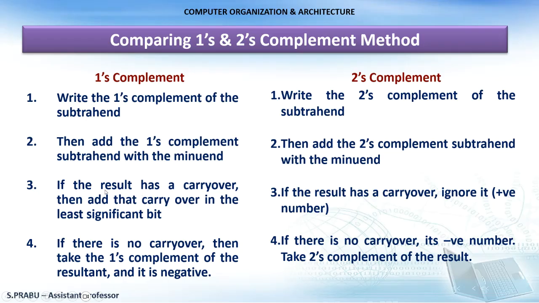In the third rule, if there is a carry, you add the carry with the result. But in this case, if there is a carry, you just ignore it. In the fourth rule, if there is no carry, you find the ones complement for the result. Here also, if there is no carry, you have to find the 2's complement of the result. So compare these rules and remember the process.